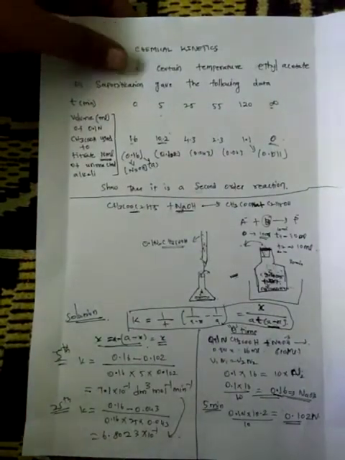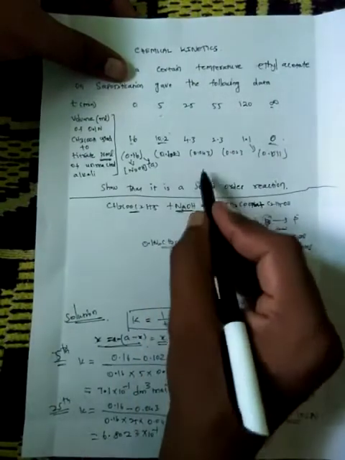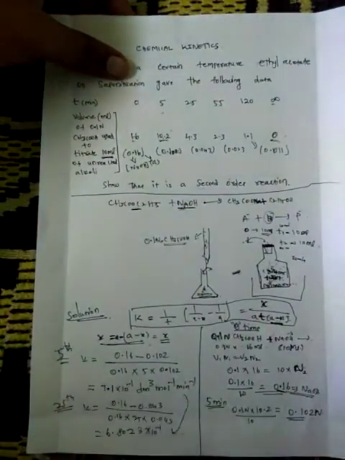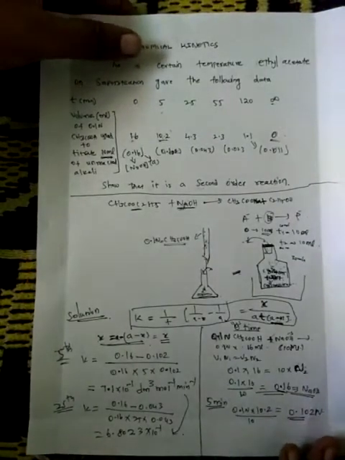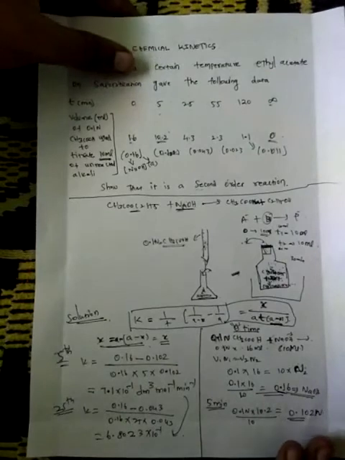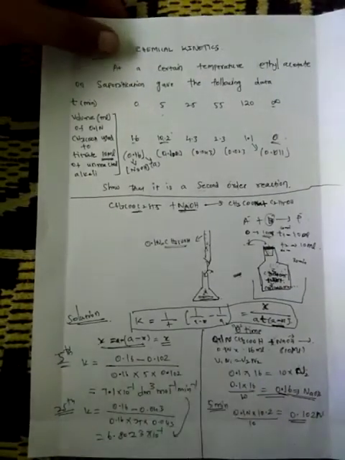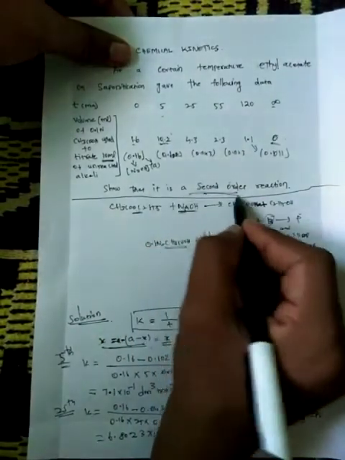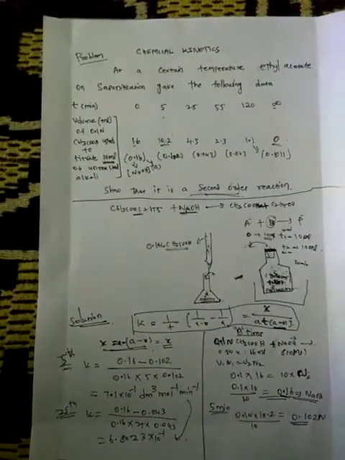Using this data, I found this saponification reaction follows second order kinetics because I've got a constant value. k must be a constant value for a given reaction at any time. So therefore I concluded that this reaction follows a second order reaction. Okay, that's all.